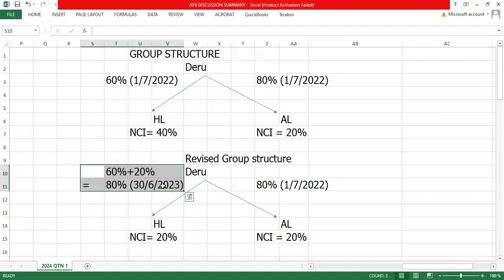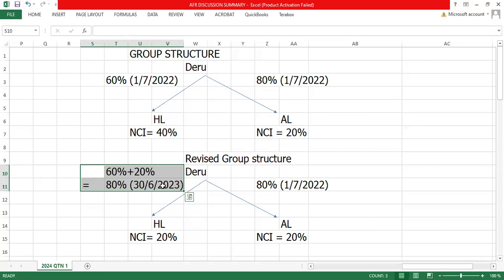Just that at the year end, when you're preparing the balance sheet, obviously as you report your NCI at year end, your NCI will be reported at 20% when you're looking at HL. Okay?